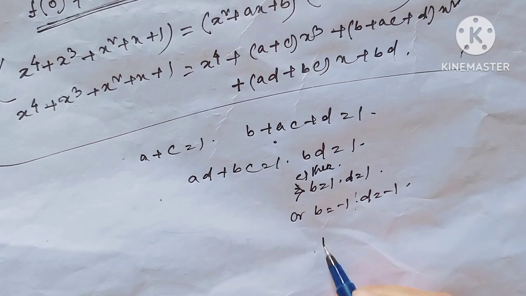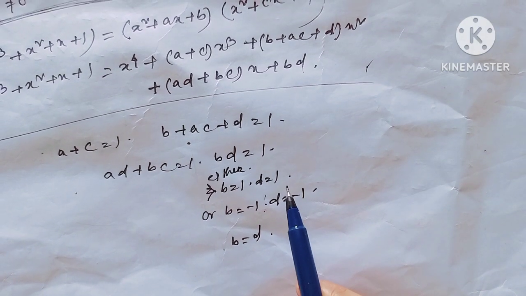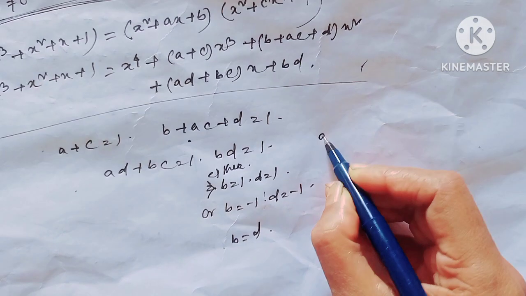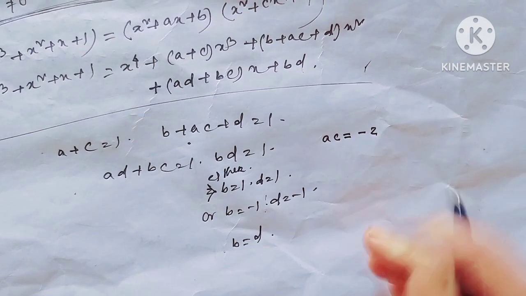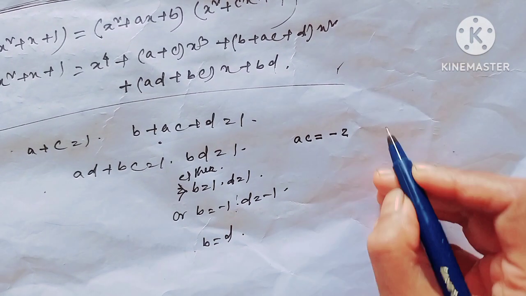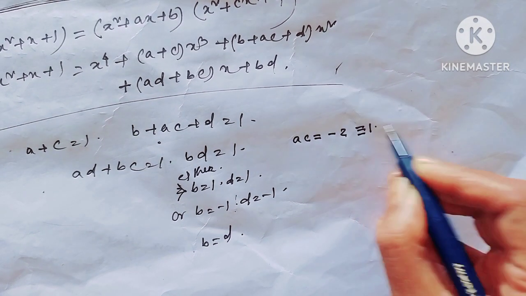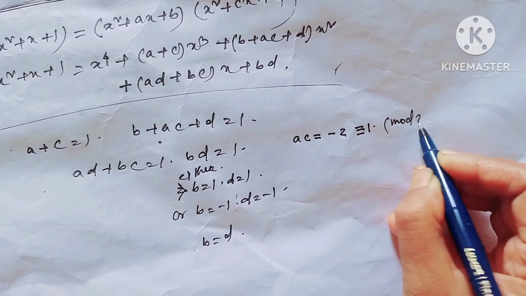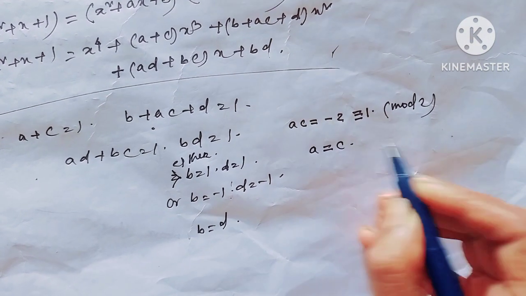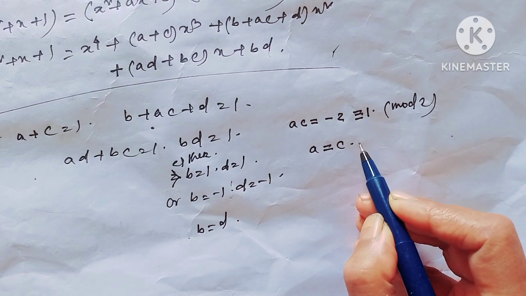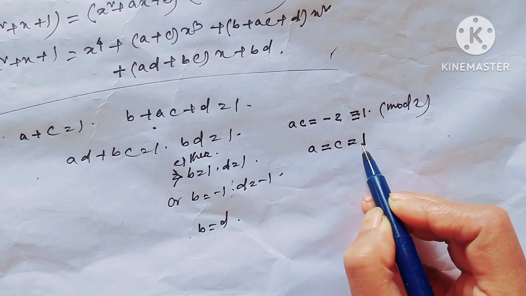That means in both cases b and d are the same. b equal to 1 and d equal to 1 implies ac equal to minus 2, and ac equal to minus 2 implies in mod 2, this is congruent to 1 in mod 2. And ac equal to 1 implies a equal to c equal to 1.